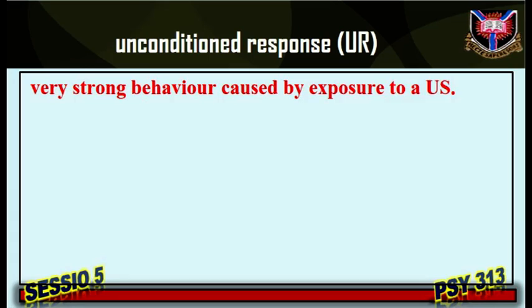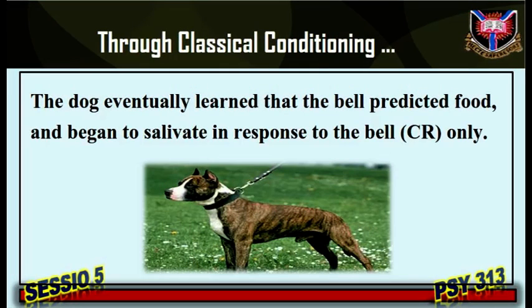This very strong behavior caused by exposure to a US is called the unconditioned response or UR. Through classical conditioning, the CS and the US become associated in the dog's mind, so that behavior (unconditioned response or UR) that is naturally triggered by the US, e.g. salivation, excitement, comes to be triggered to some degree by the CS also.